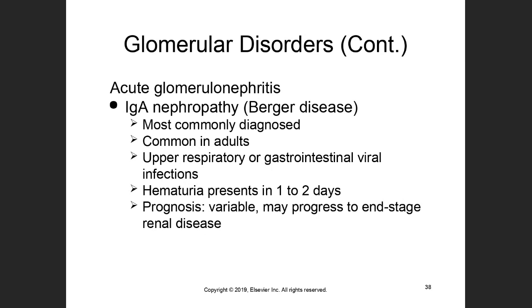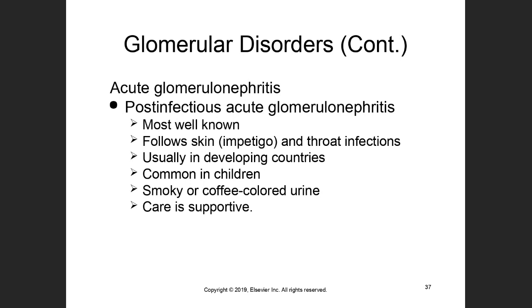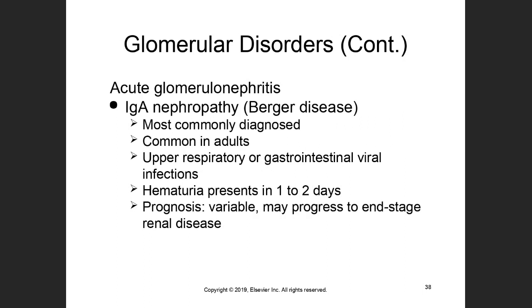And also we have a lab to differentiate: in the first one, C3 complement is low because C3 complement is accumulating in the mesangium and is the one that produces the problem in the kidney. In this one, the C3 complement is normal, okay?